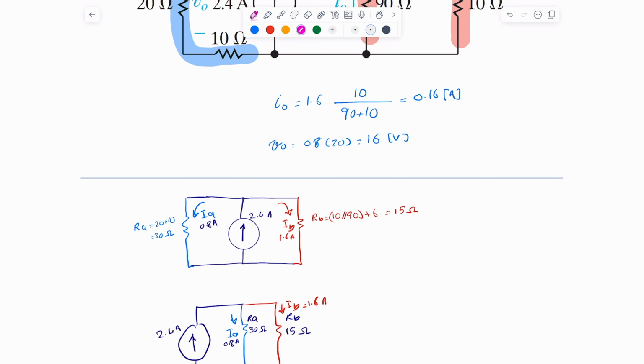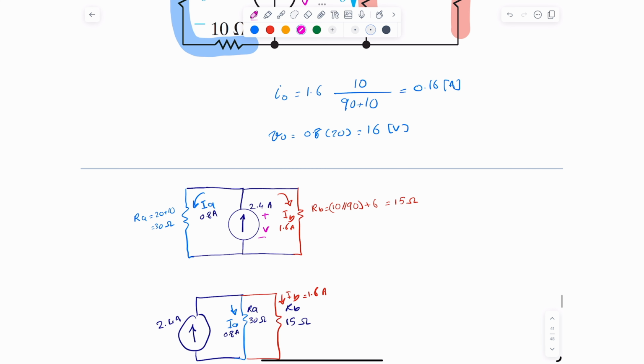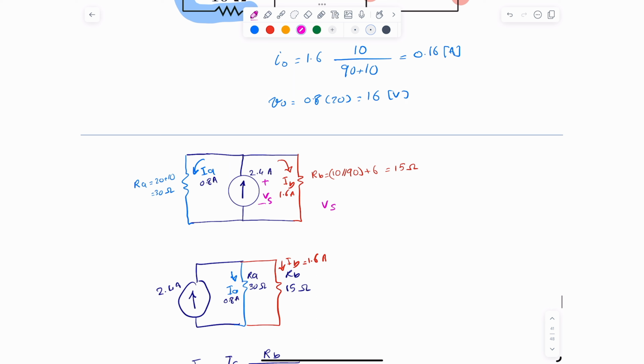Let me just compute that. So I'm going to call this plus minus V. This is the voltage across the current source, so plus minus V, or I can call it V source. That will be simply the same voltage as 1.6 times 15 ohms, and that's 24 volts. So there's 24 volts.